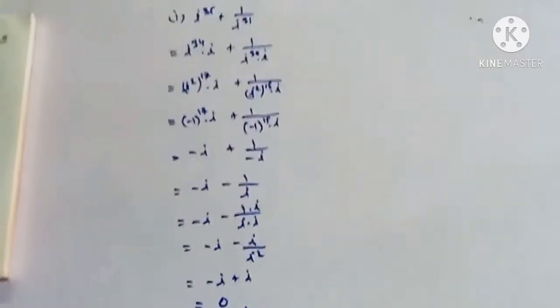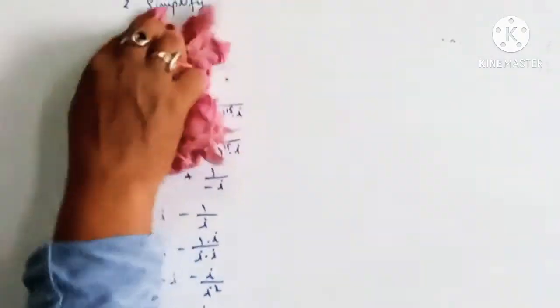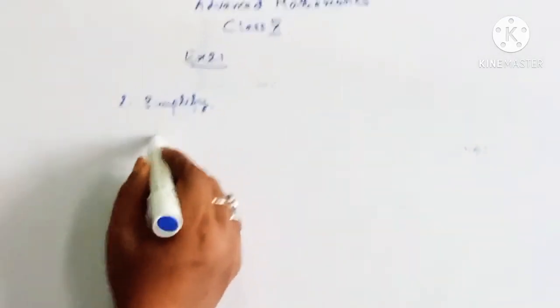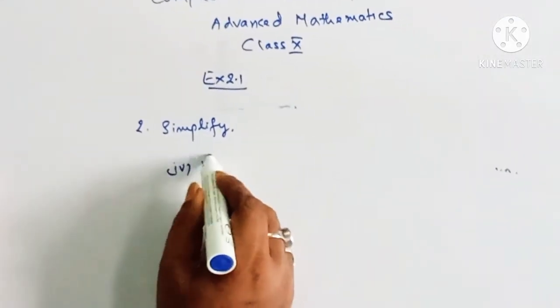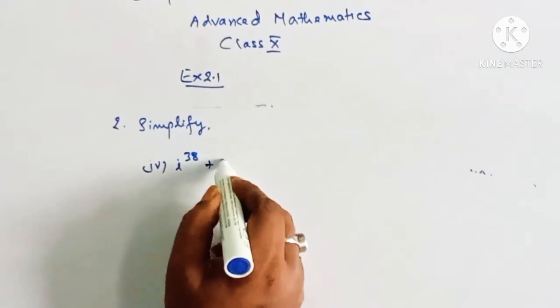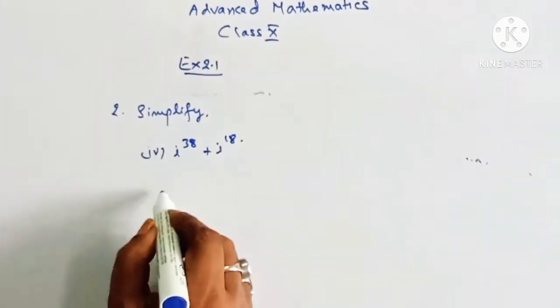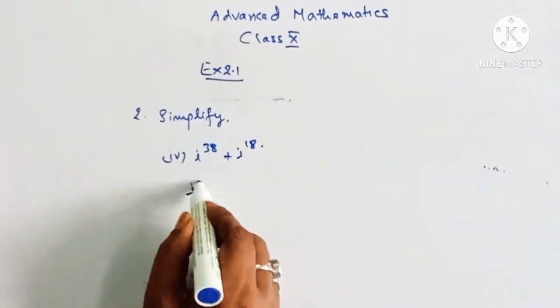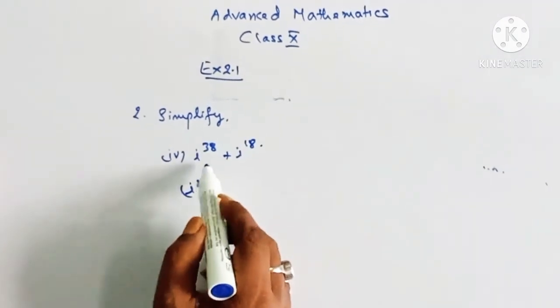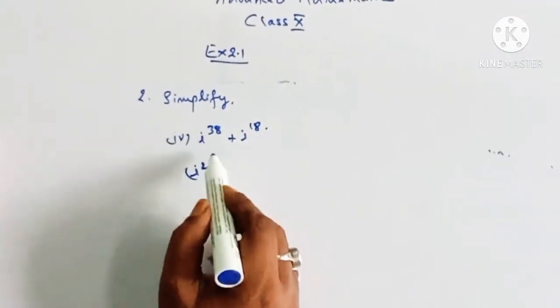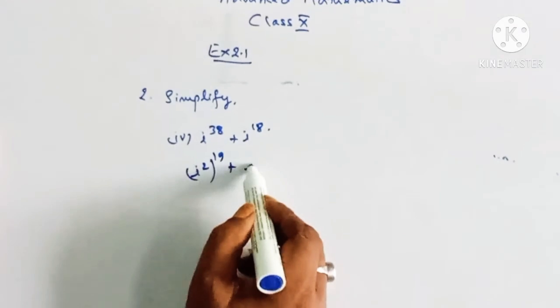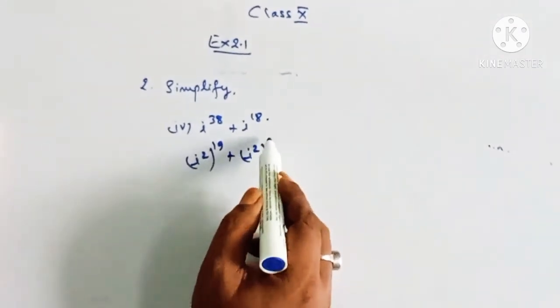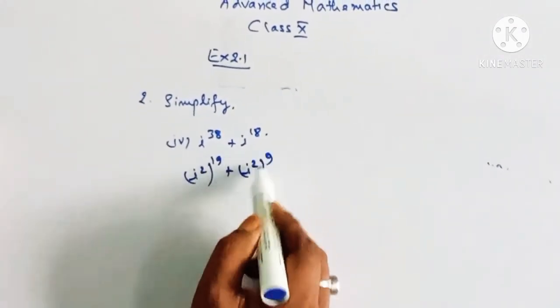Similarly, question number 4: i to the power of 38 plus i to the power of 18. Again, i square to the power of 19 plus i square to the power of 9.